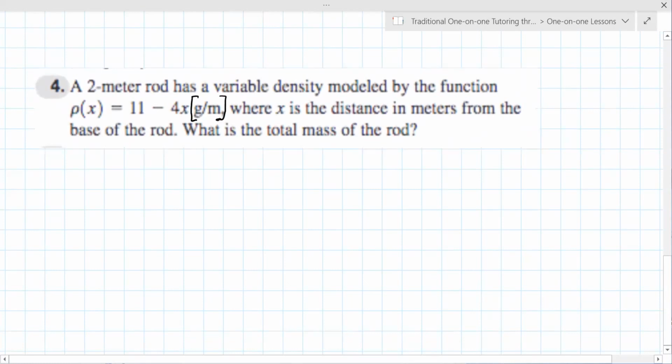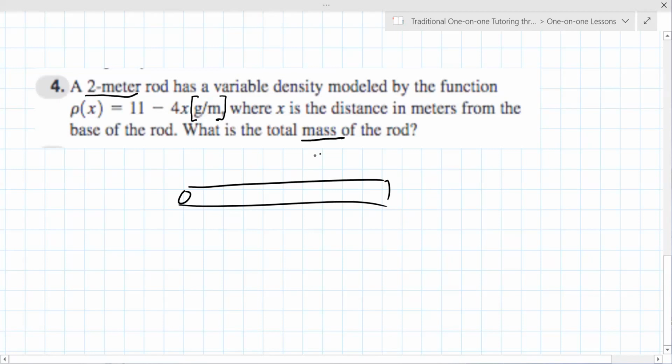I like putting units in brackets. So the 2 meters is important here. There's a rod, and it's basically saying it changes with respect to where you are on the rod. So the mass in this case will be in grams because it's the top unit there.